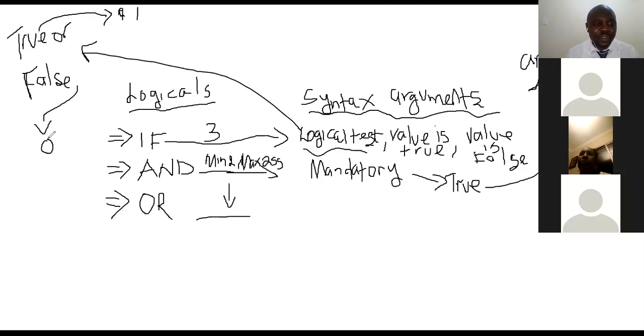Then go into another cell, type 2 or 4 or 5. So if you say 5 times true, it will give you 5. If you say 1 plus true, it will give you 2. Understand this. These are the basics that you need to understand.